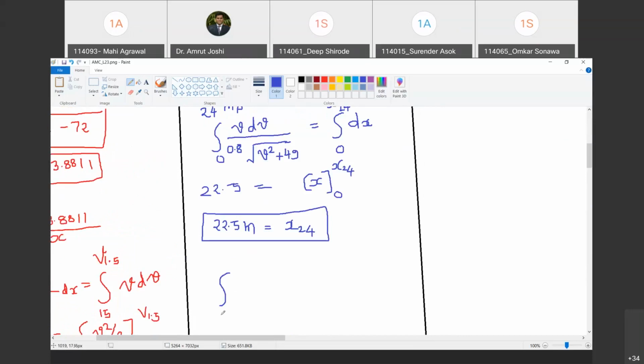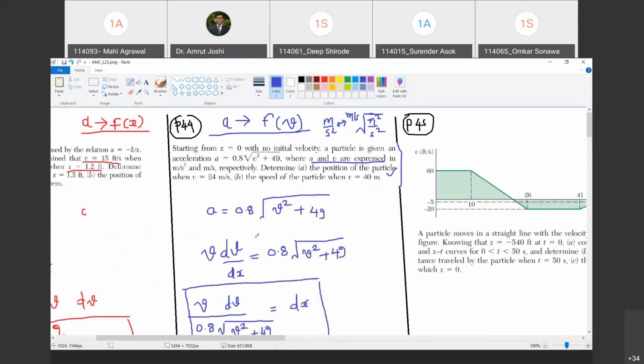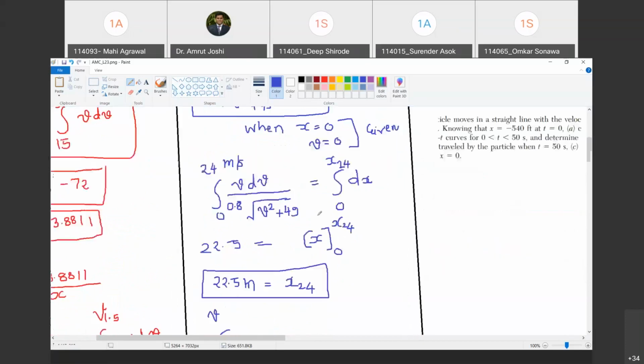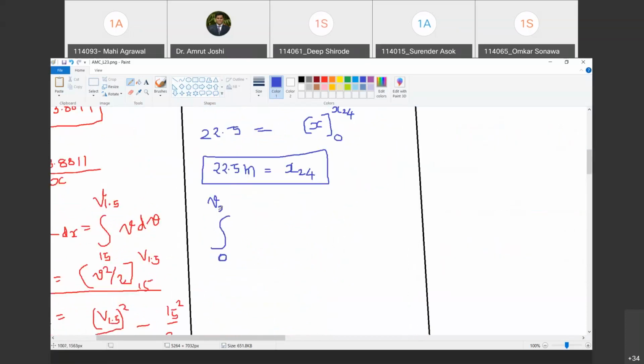So I am now going to integrate the left hand side part from where to where? From when velocity is 0 to when the speed becomes equal to the speed at x equal to 40 meter. So I am going to call it v at x equal to 40. Happy? Yes, sir.